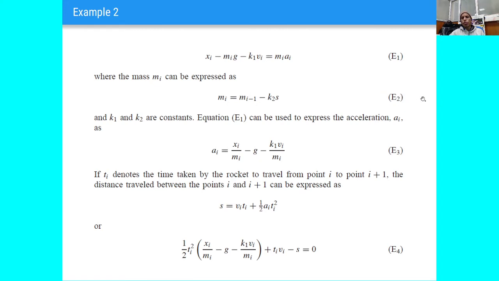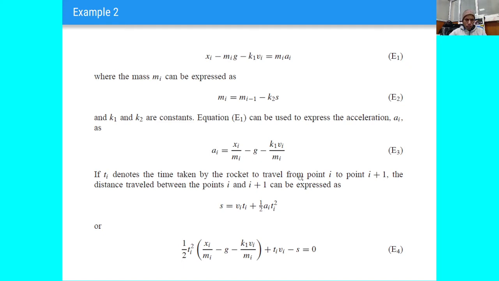I hope this equation 2 is clear. From equation 1 we have derived equation number 3. We are only computing the value of ai, that is, the acceleration at any control point i. Any doubt up to this point? I hope there should be no confusion.